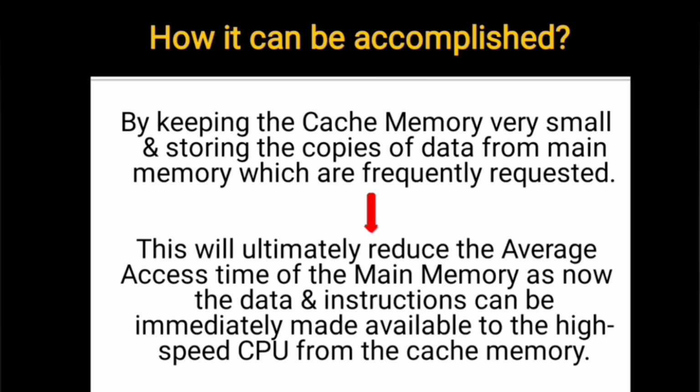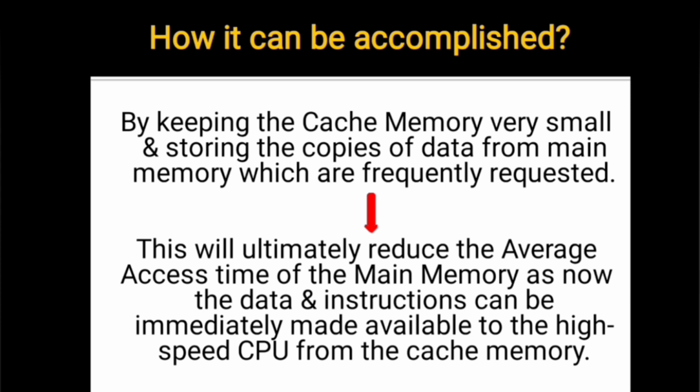So those data which are requested frequently, we can place a copy of that data into the cache memory. This will ultimately reduce the average access time of the main memory, as now the data and instructions can be immediately made available to the high-speed CPU from the cache memory.